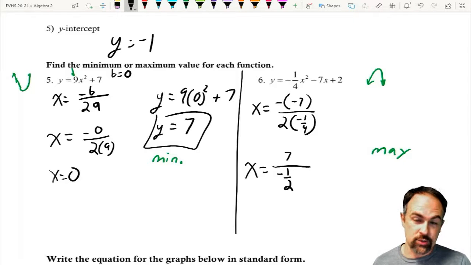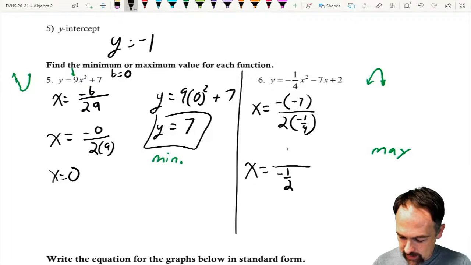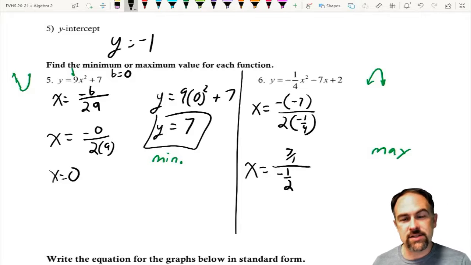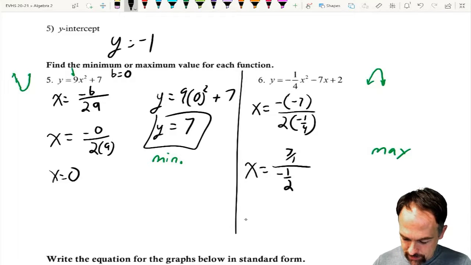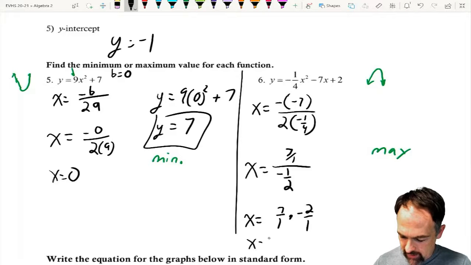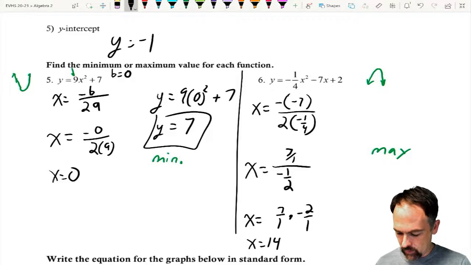Remember our fraction rules: when you divide two fractions, it's the same as multiplying by the reciprocal. So that's 7 over 1 times the reciprocal of negative 1/2, which is negative 2 over 1, which is negative 14.